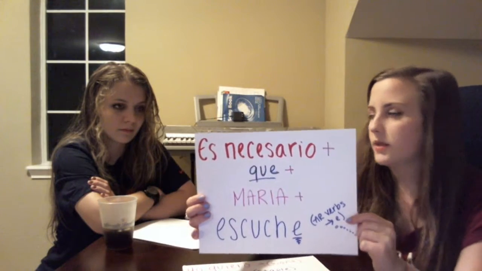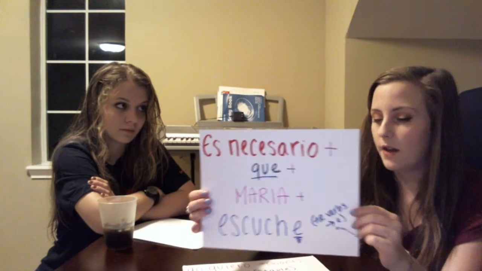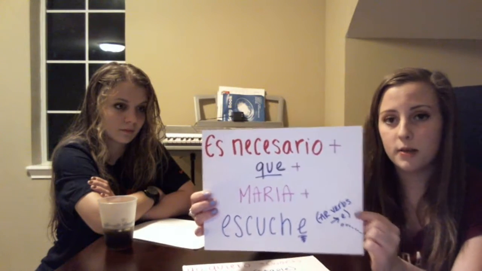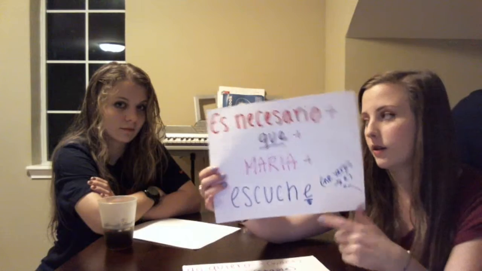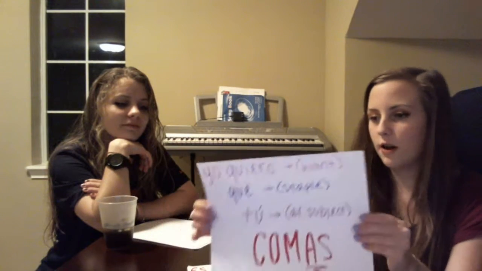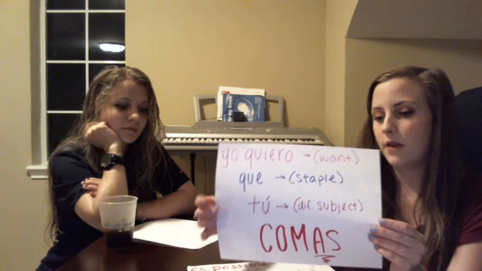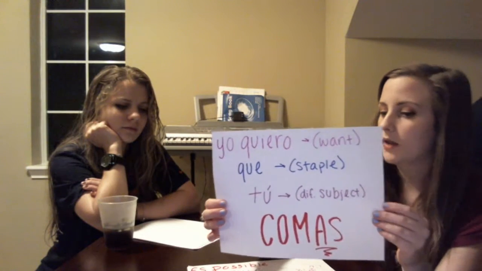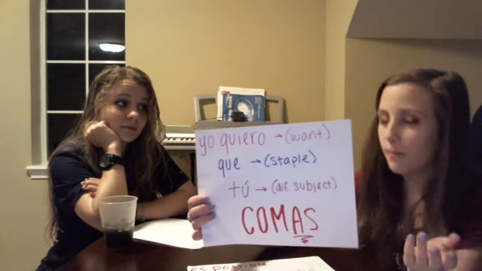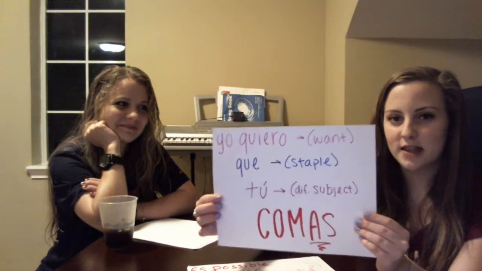So I have 3 sentence examples. So we have es necesario, or it's necessary, plus que, plus Maria, and then I wanted to say listen, or escuchar, and because it ends in AR, it's going to go to an E. So es necesario que Maria escuche. Then we have yo quiero, or expressing a want, plus que, which is your staple, and then tú, which is your different subject, and then comas, which is comer, because it ends in ER, it's going to go to an A, and then because it's a tú, it's going to go to as.